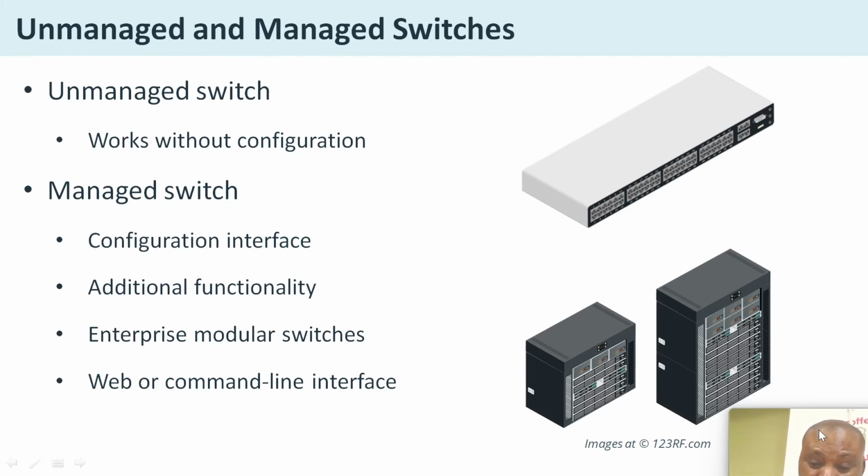Unmanaged switches are just switches that are like a hub. If you look at some companies, they have switches where they just connect network cables, especially small networks, a small home network, a private home, a small company. They just get the cheaper switches. You just connect the network cable to their computer, and they start doing networking. They're working. So those kinds of switches are called unmanaged switches.